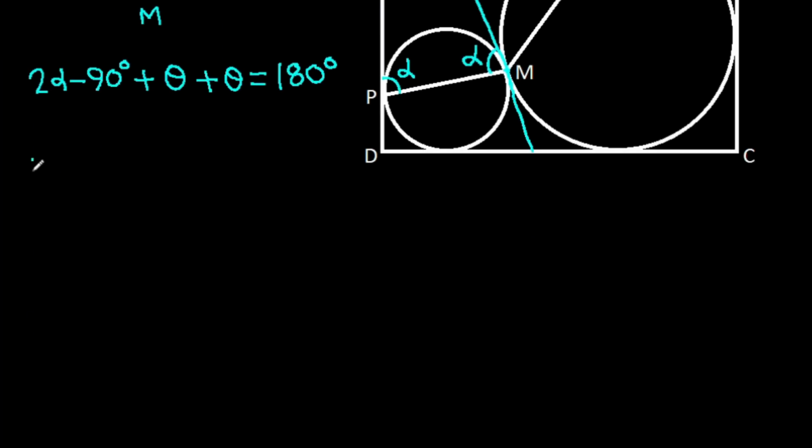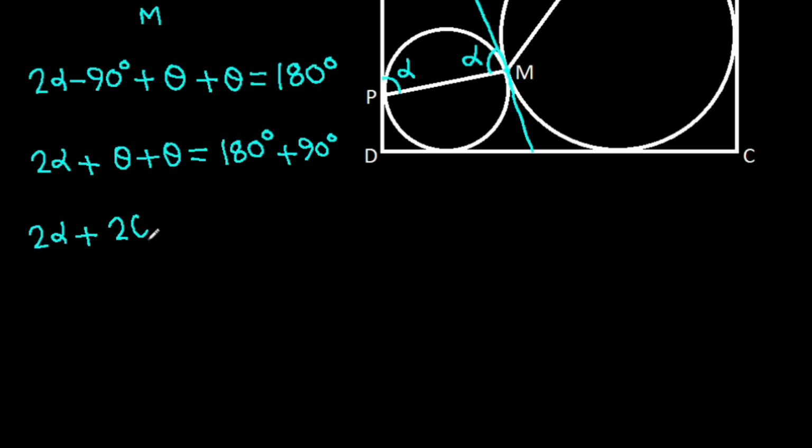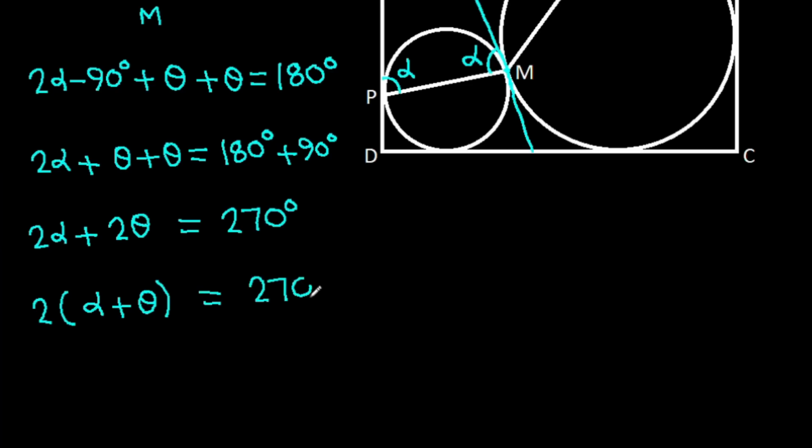and 2 alpha plus theta, it will be 180 degrees plus 90 degrees, and 2 alpha plus 2 theta, it is 270 degrees, and it is 2 times alpha plus theta is equal to 270 degrees.